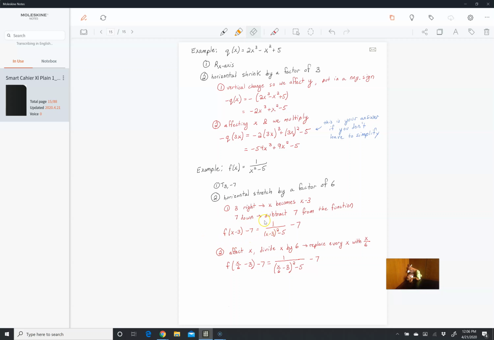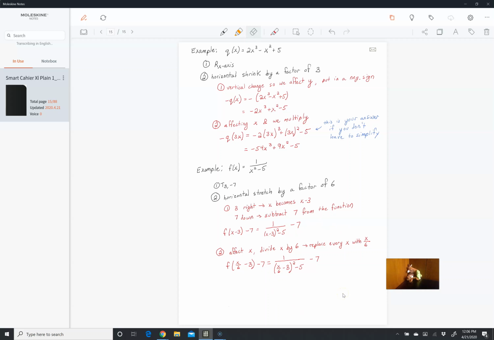And you would have done the same thing here. Okay, so just think about what each individual transformation is telling you to do, and that's going to tell you how to go about changing these functions.